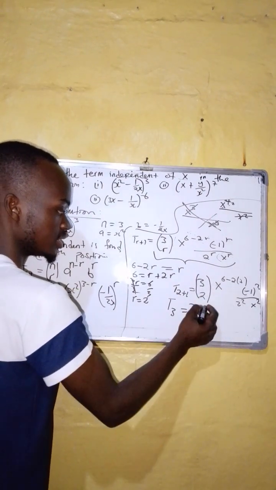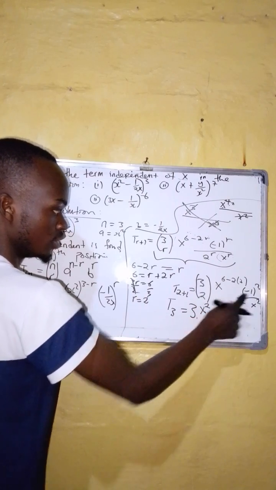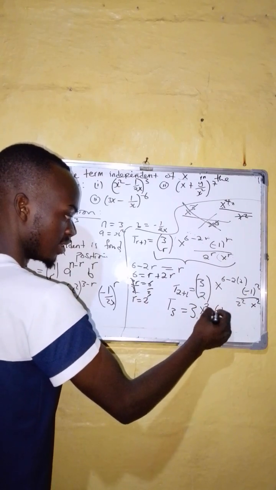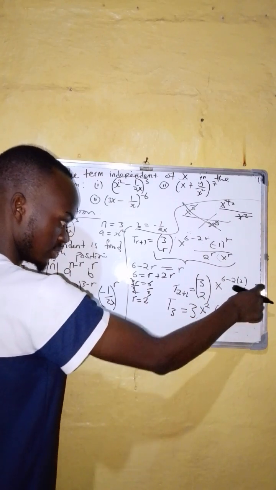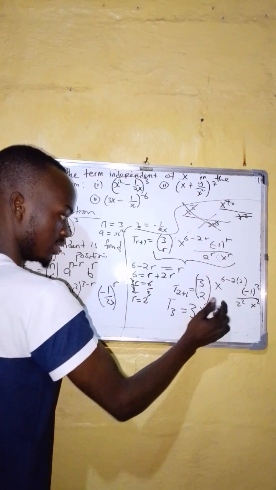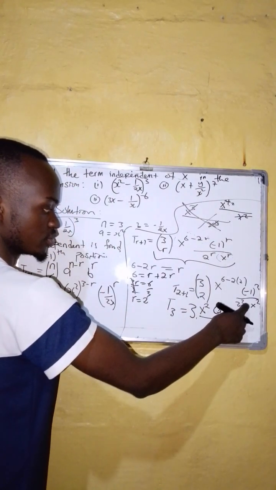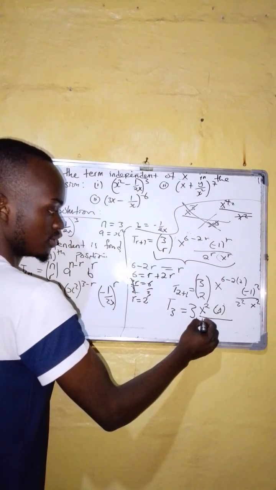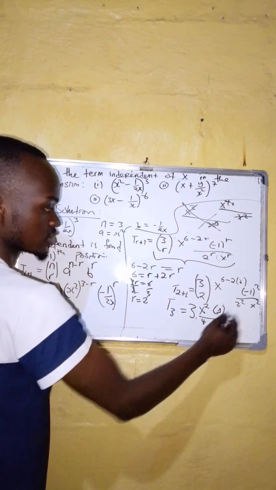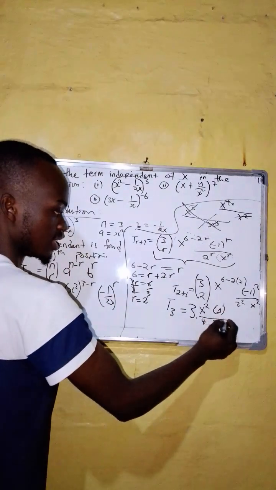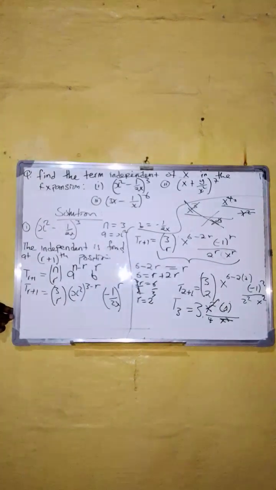6 minus 4 is 2. Here we have negative 1. Actually, negative 1 squared is positive 1, over 2 squared, which is 4, and x squared there. So this and this will be divided out.